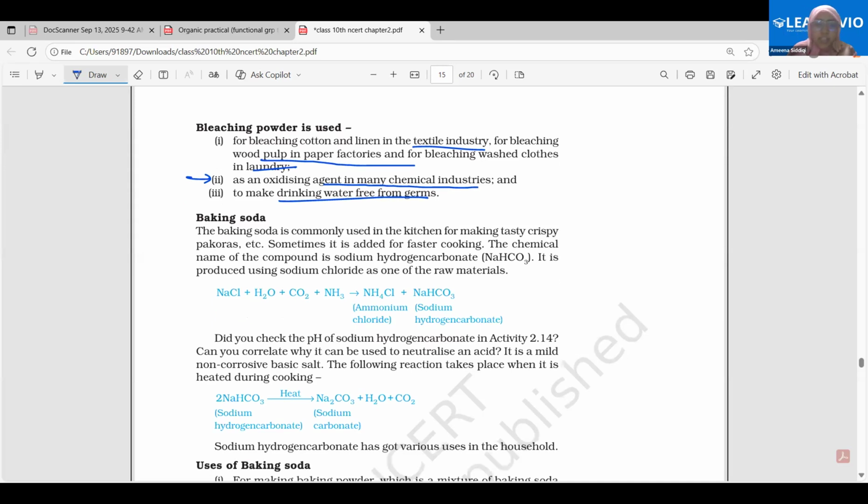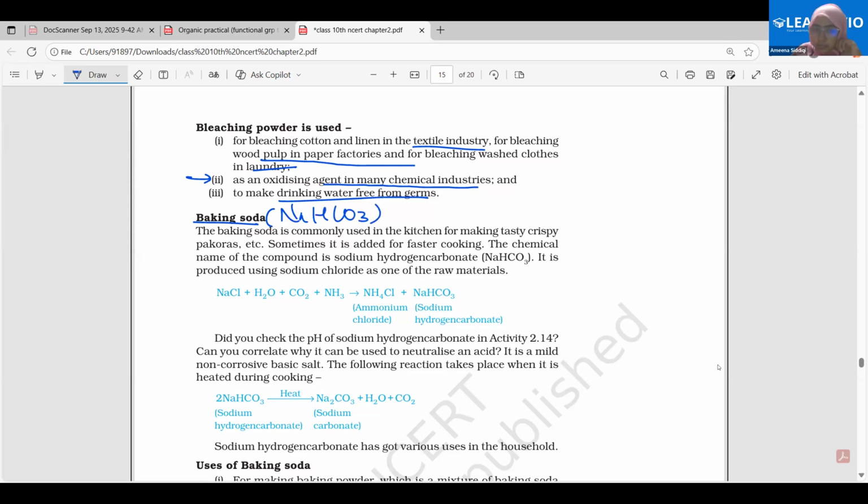Moving on to the next part, that is baking soda. Write the formula here for baking soda very quickly. What is the formula for baking soda? Sodium bicarbonate, sodium hydrogen carbonate, NaHCO3.